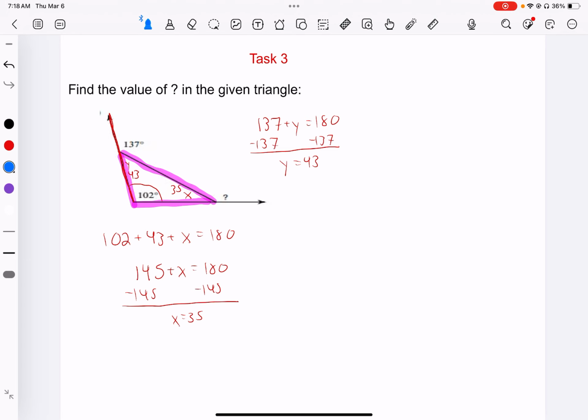Now, to find that exterior angle of the triangle, this is another straight line. And since they're a straight line, I know they're supplementary. So 35 plus the question mark has to equal 180. If I subtract 35 from each side, the question mark is equal to 145 degrees.